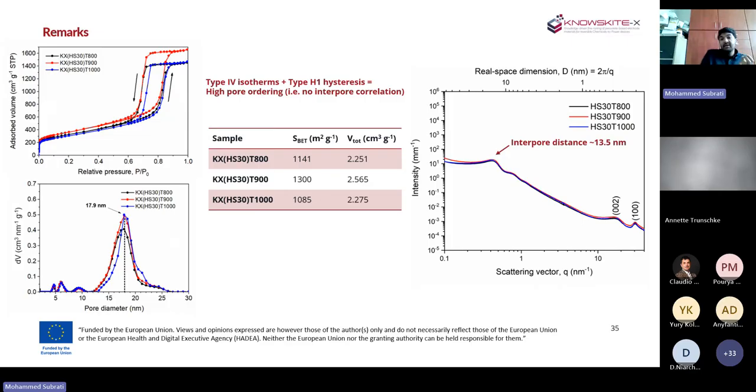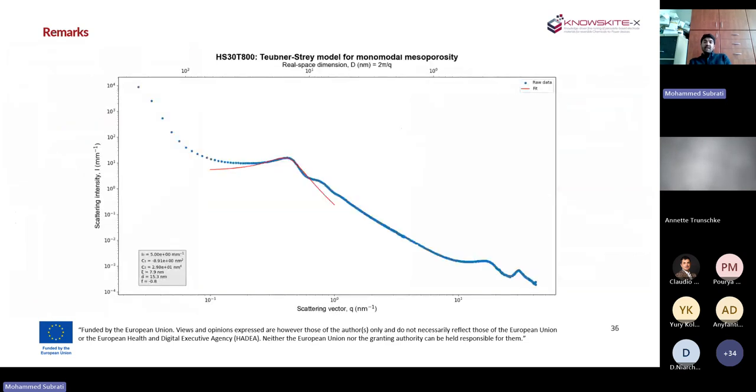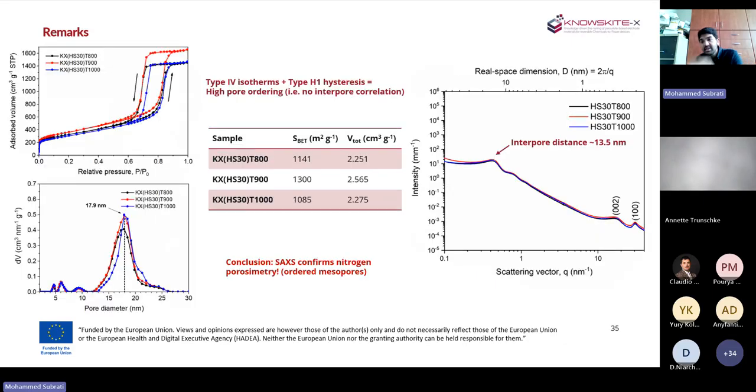And from the SAXS, you can also see that it agrees with the nitrogen porosimetry. Of course, we utilized Python for the modeling, and I don't know if you can see it, the font is small, but the interpore distance d is around 50.3, which is close to the 13.5.